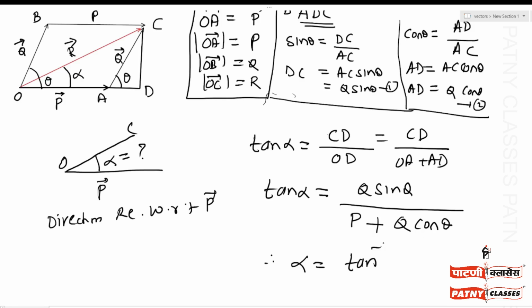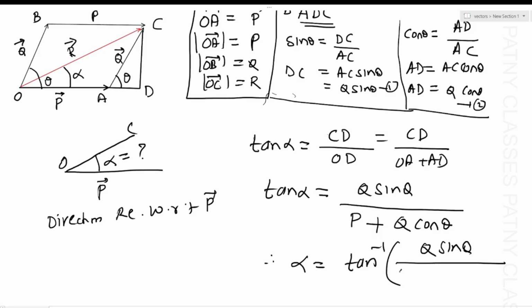Alpha equals tan inverse of Q sin theta upon P plus Q cos theta. This is the way I can find the alpha value, and alpha gives the direction of the resultant with respect to vector P. And if I wish to find the angle between OB and R, that can be obtained by theta minus alpha.